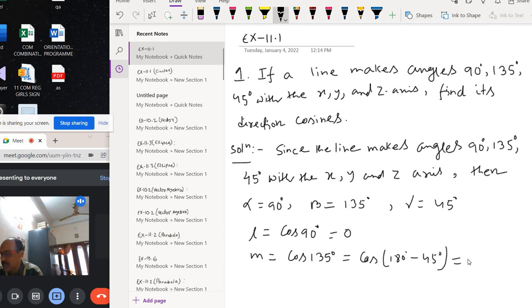In the second quadrant cos is negative, so minus cos 45 equal to minus 1 by root 2.